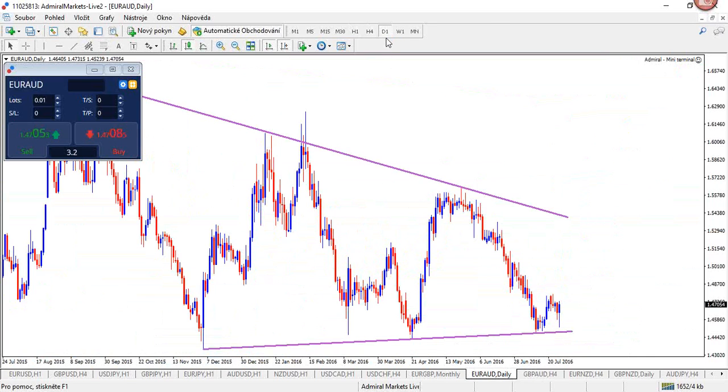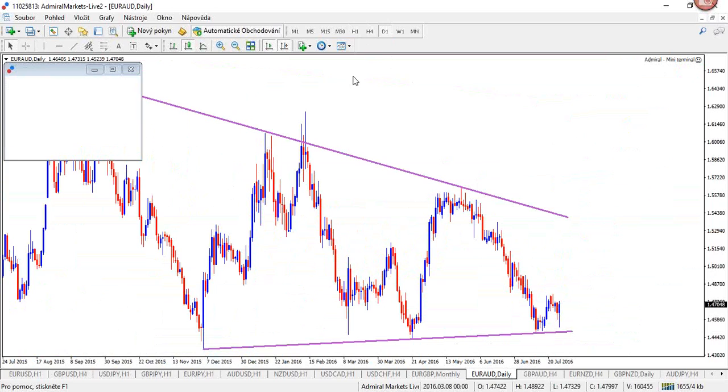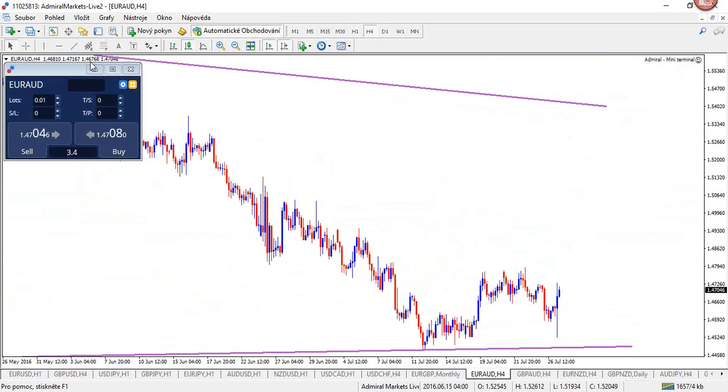On the pound odd, euro odd is rehooking back to the support, and could be interesting if it closes above resistance. Let's see how to draw this one.